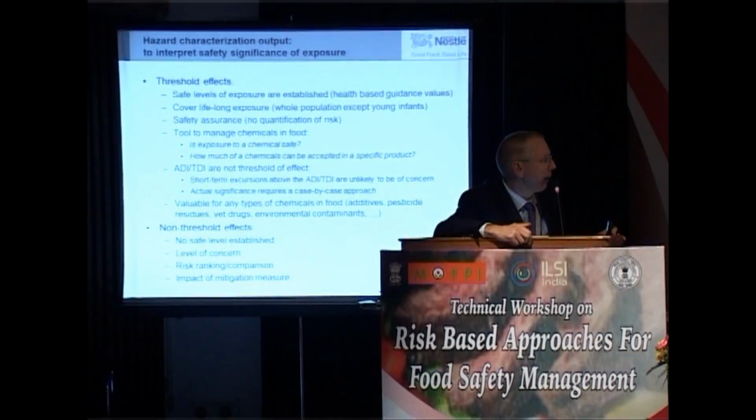It's a safety assurance process, so there is no quantification of the risk. It's a very easy tool to manage chemicals in food, and you can answer questions such as, is exposure to a chemical safe or not? Or how much of a chemical can be accepted in a specific product, for instance.